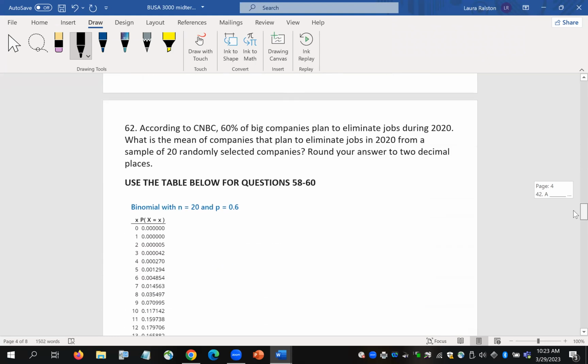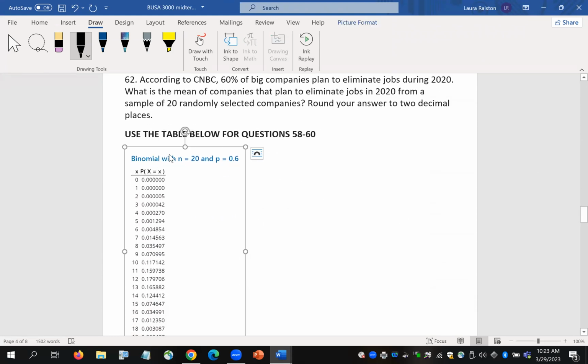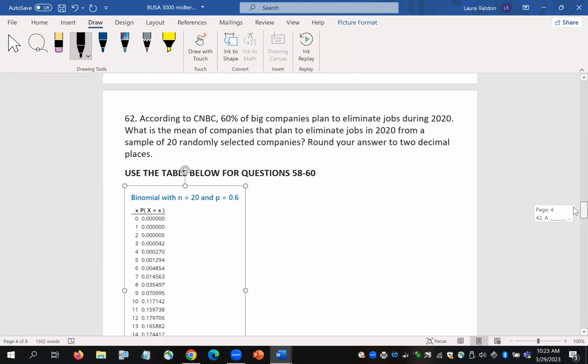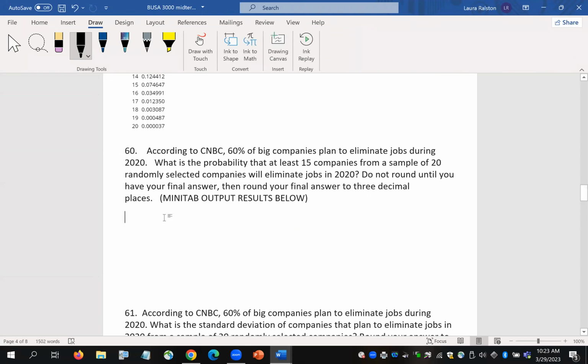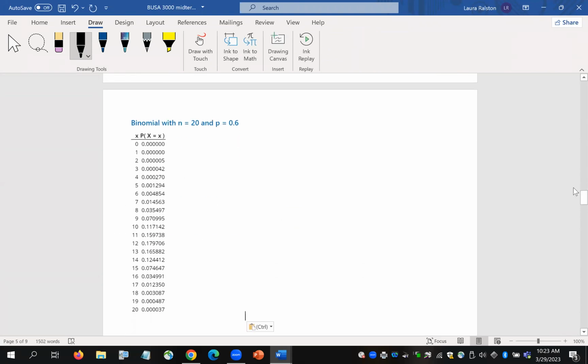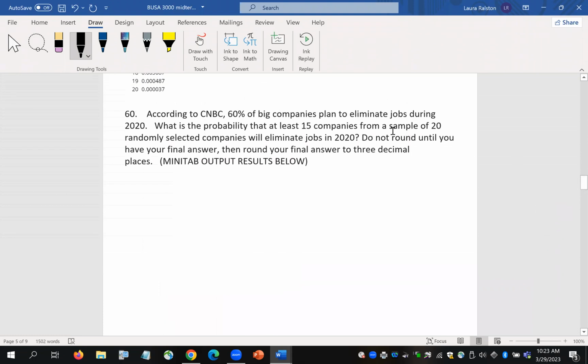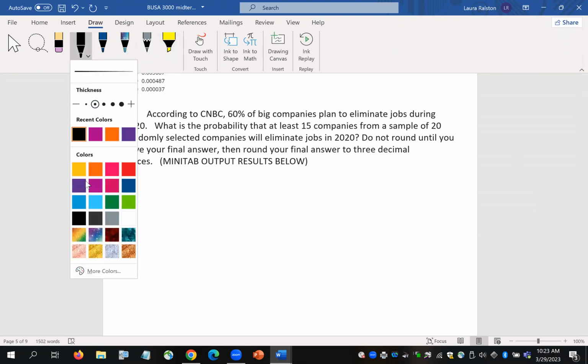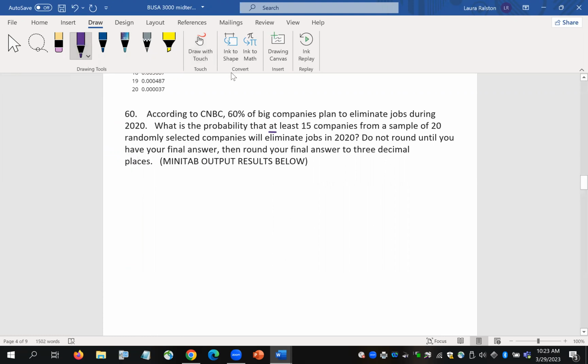Let me get my results again. Okay, same scenario, and this one says at least 15 companies.